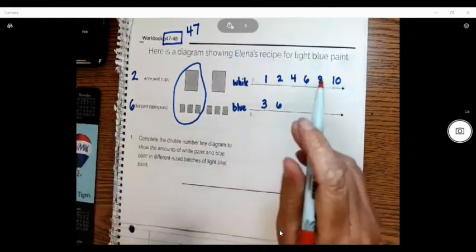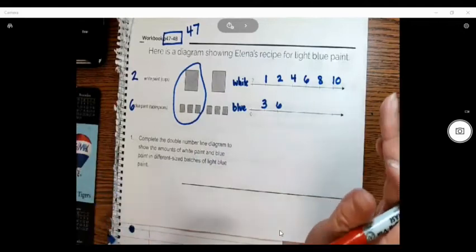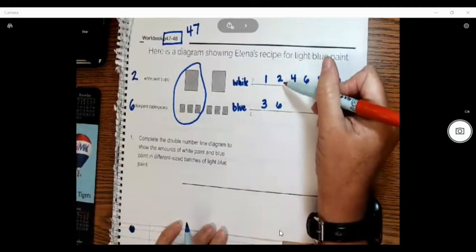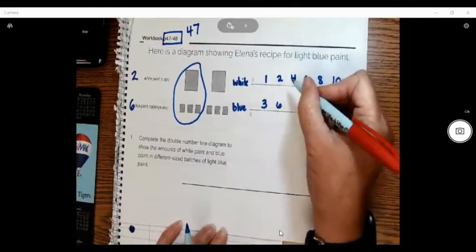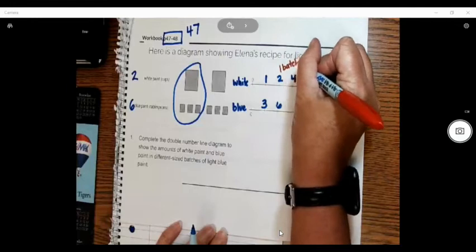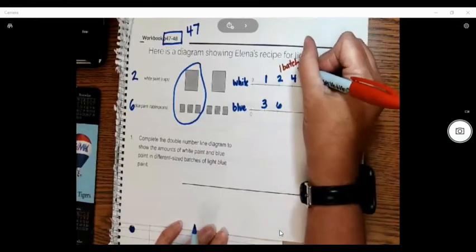Okay. You should have taken a little bit of time and filled that out. And so if this is considered 1 batch, this would be considered a half a batch. But if we did 1 batch, then what about if we doubled it? This would be 2 batches.